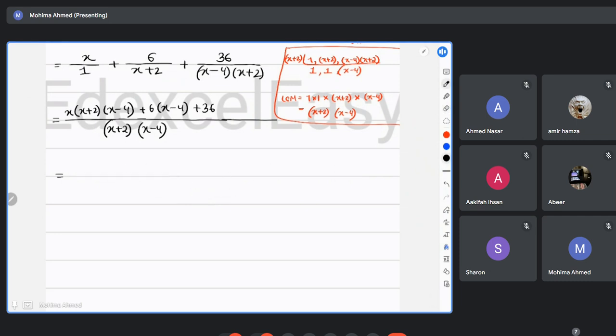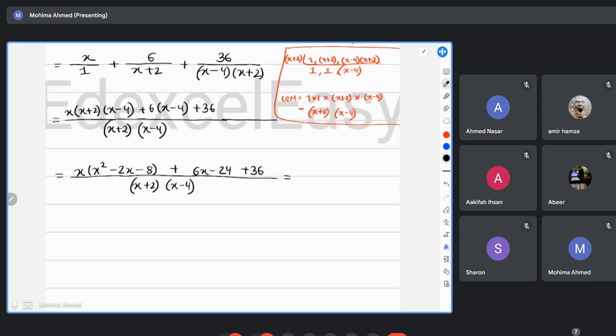So for example, in the numerator, now you have what? x square, 8x minus, x square minus 4x plus 2x minus 8. Right, so you have x square minus 4x plus 2x, which will eventually give you minus 2x minus 8, then 6x minus 24 plus 36, divided by x plus 2 and x minus 4.